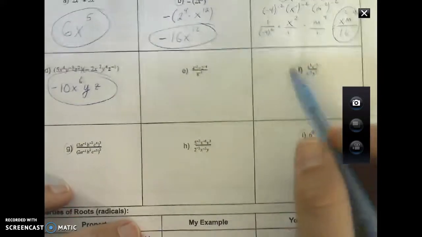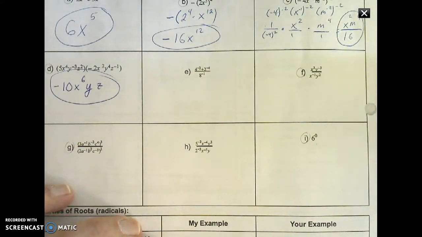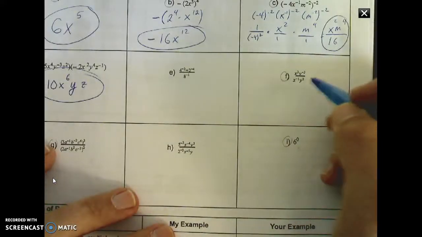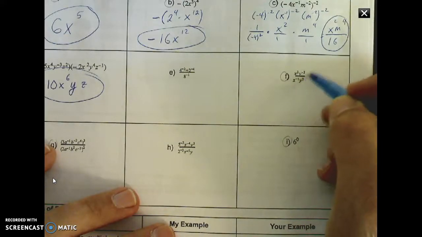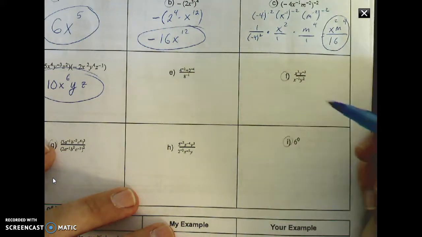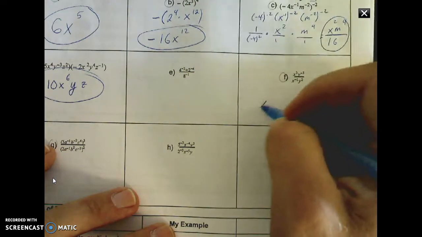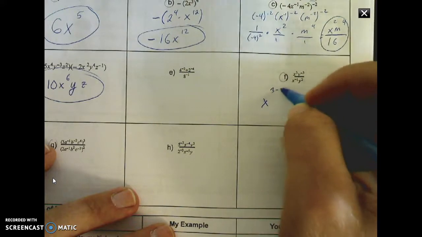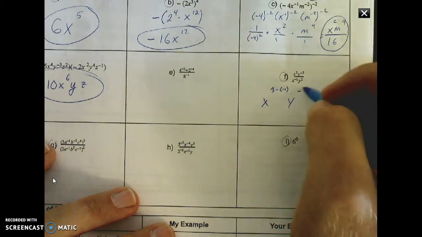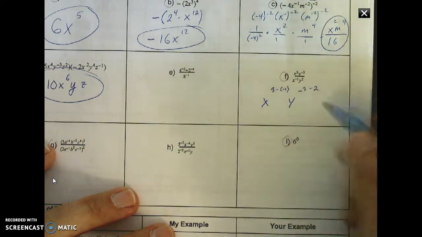I'm going to skip over to f, and I will be jumping around a little bit here as we go on. Certain problems I may skip. X to the positive third, y to the negative third over x to the negative 1, y squared. We are taking your top exponent minus your bottom one. So I'm doing 3 minus negative 1, and then I'm doing negative 3 minus 2.